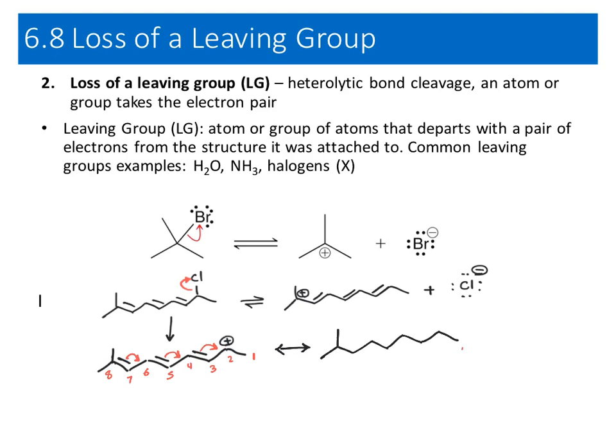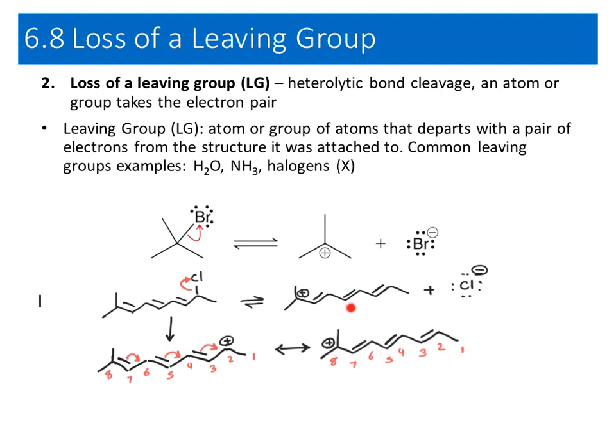So this is carbon 1, 2, 3. While drawing the resonance structure, now the double bond is between carbon 2 and 3, between carbon 4 and 5, 6 and 7. Carbon 8 lost the electrons, so it becomes positively charged.